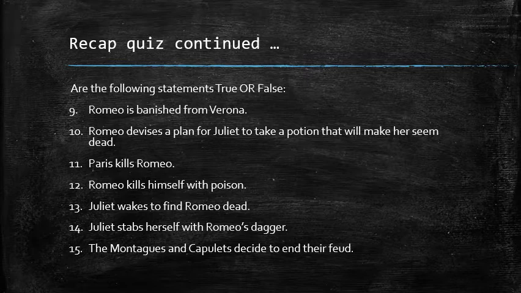Question 12, Romeo kills himself with poison. Question 13, Juliet wakes to find Romeo dead. Question 14, Juliet stabs herself with Romeo's dagger. And question 15, the Montagues and Capulets decide to end their feud.